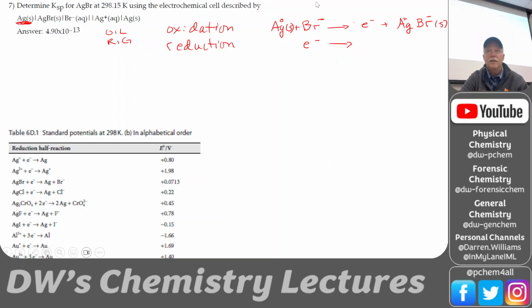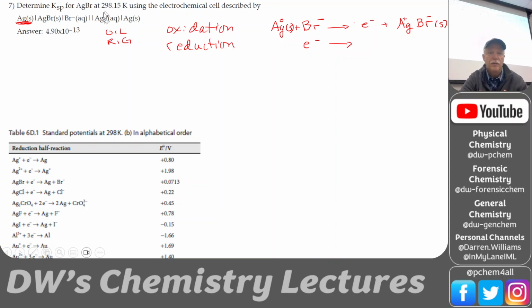It's the oxidation of the electrode, the silver electrode, and then the bromide in solution is sticking to that electrode, growing a silver bromide solid film on there, and the electron is going through the circuit. Okay. Now let's do the reduction reaction.